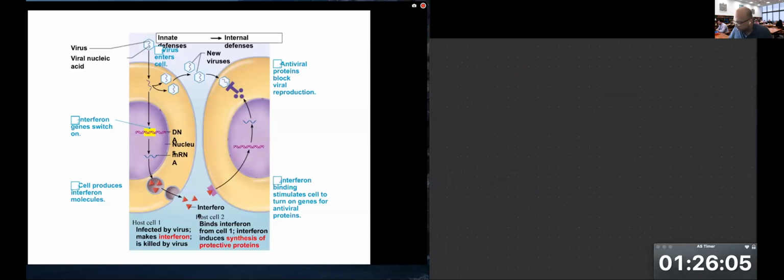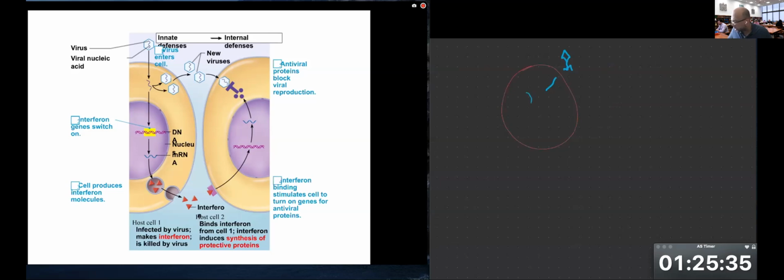Remember, if I have a cell that is virally infected, like this one, for example, on here, I'm infected by a virus, and the virus will be allowing its genetic material to pass to the inside, where it's gonna be able to get integrated within the host cell genome.